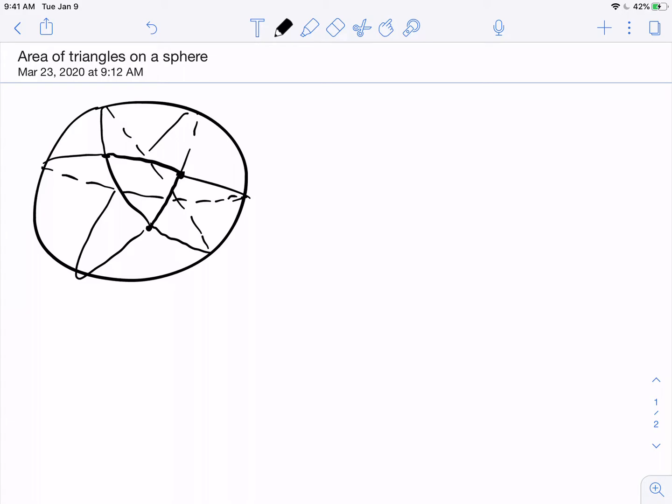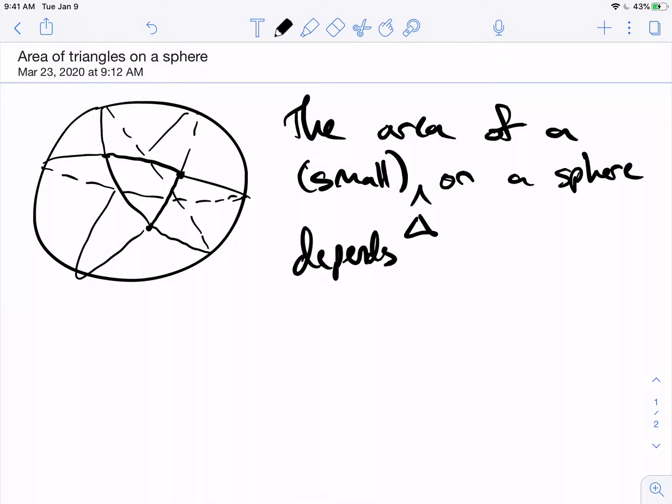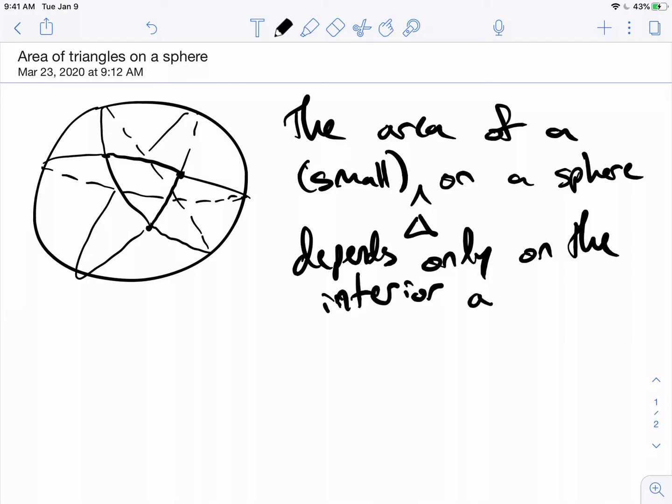So what is the theorem? Well, what we're going to prove is that the area of a small triangle, so just the usual triangles on a sphere, depends only on the interior angles of the triangle.